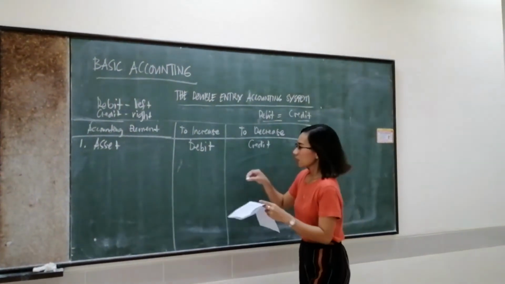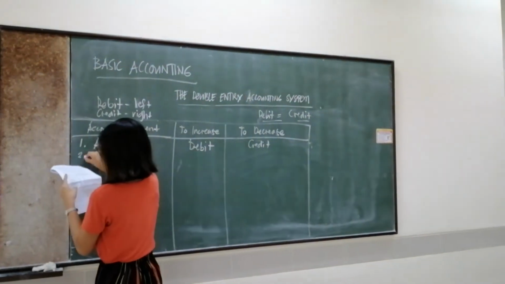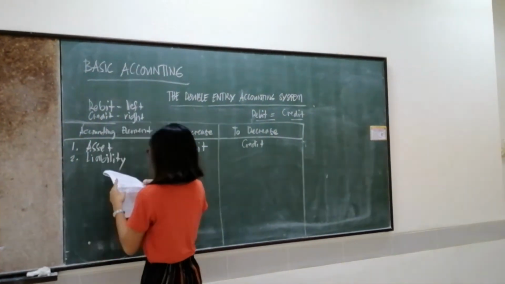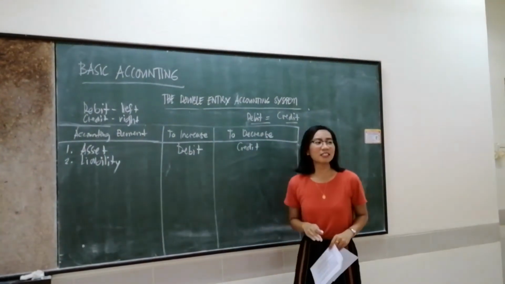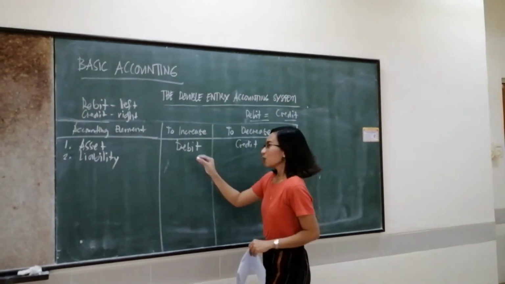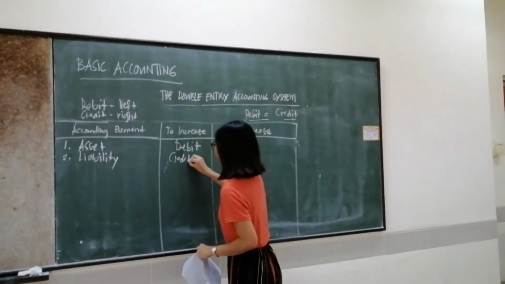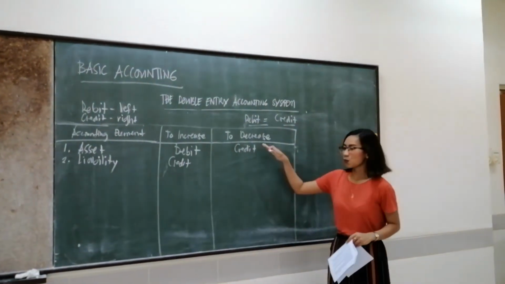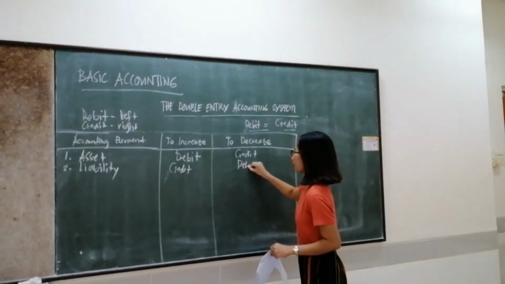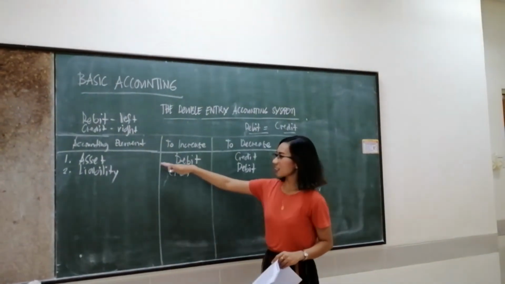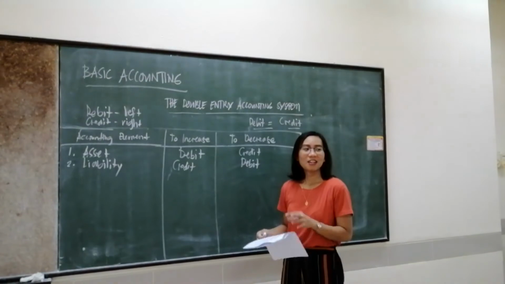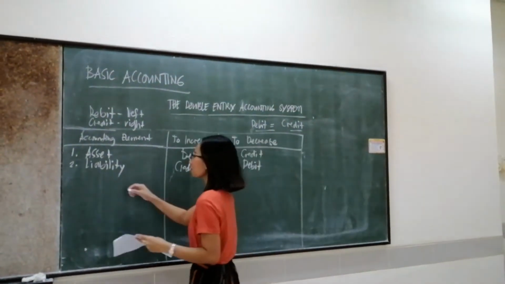Very good. Number 2, liability. If you want to increase liability, you have to credit. And when you want to decrease liability, you have to debit. Okay, so note that asset and liability have opposite normal balance.